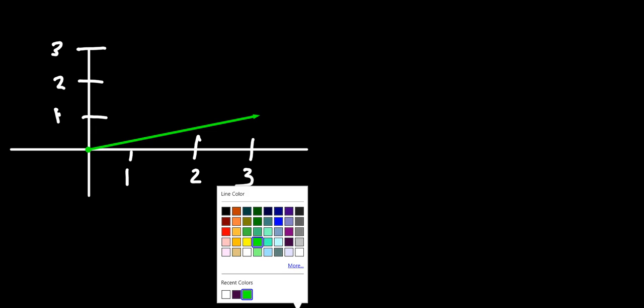There we go. So let's say we have a vector here, and we want to add it with this other vector. Let's make it red. All right. And we're going to try to add these vectors together. And you'll be able to see and visually represent what that means.